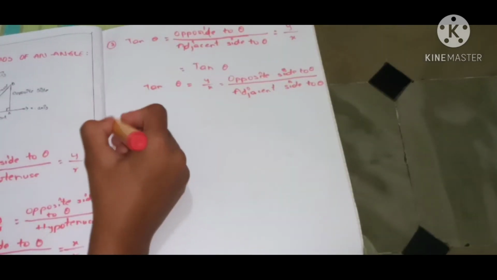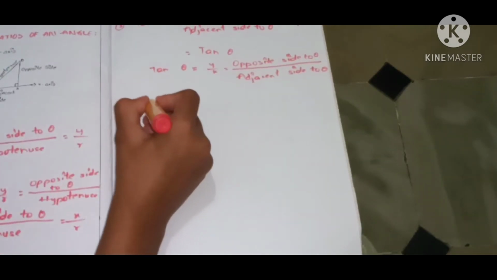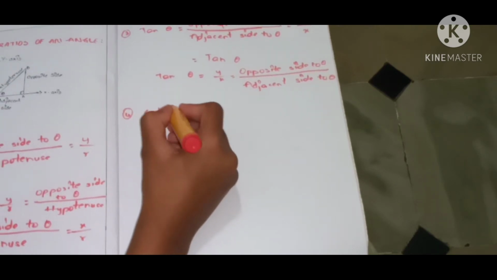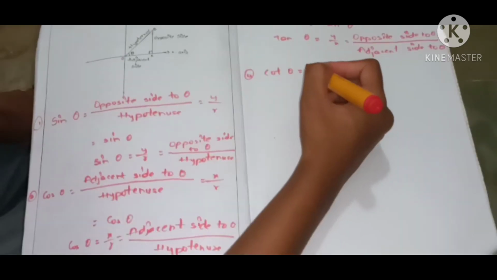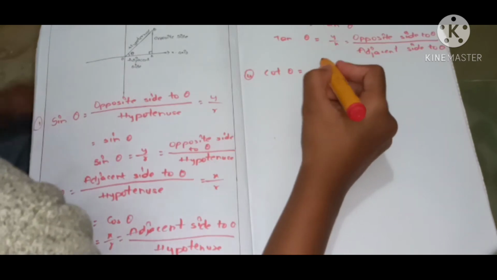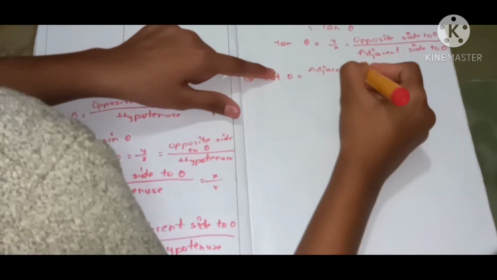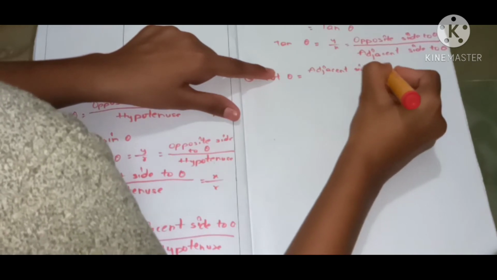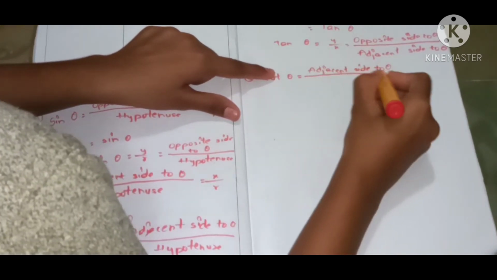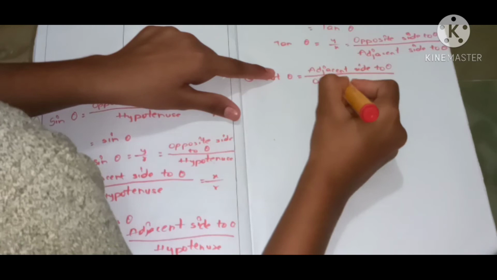And fourth one, cot theta equal to adjacent side to theta by opposite side to theta.